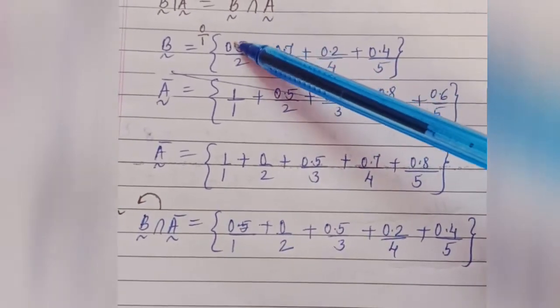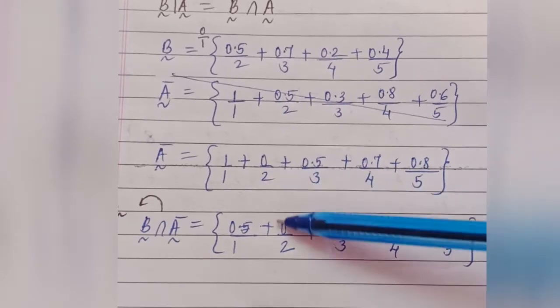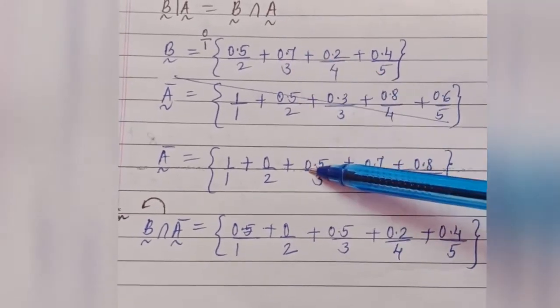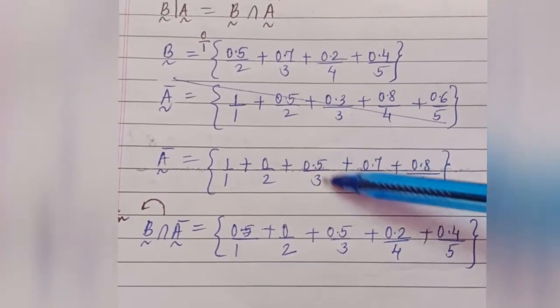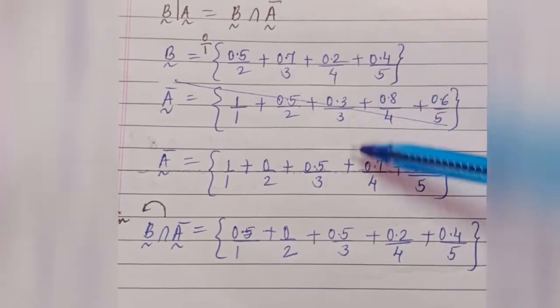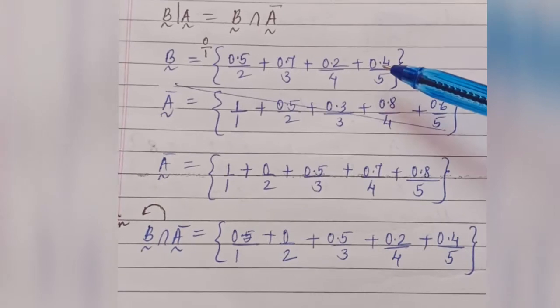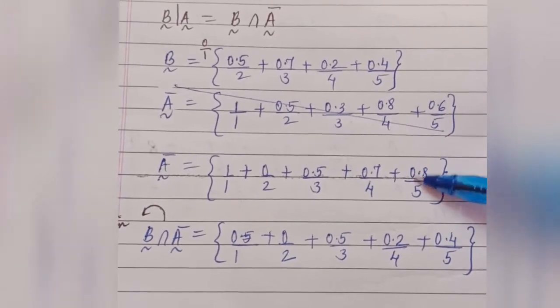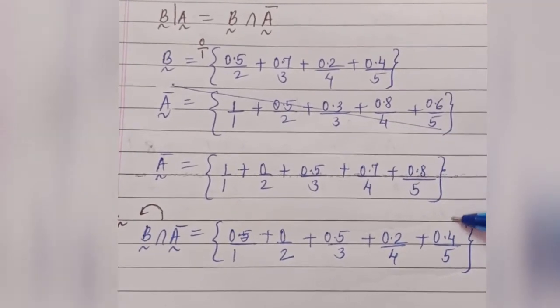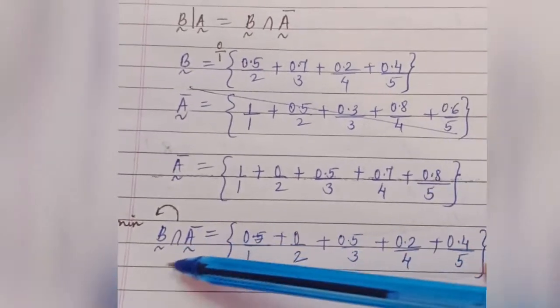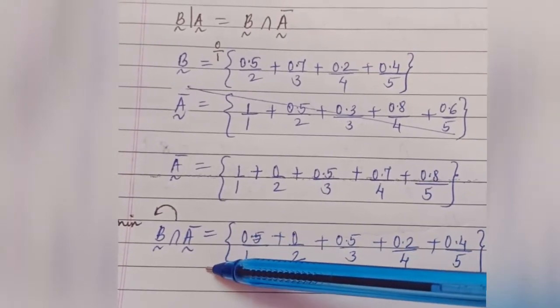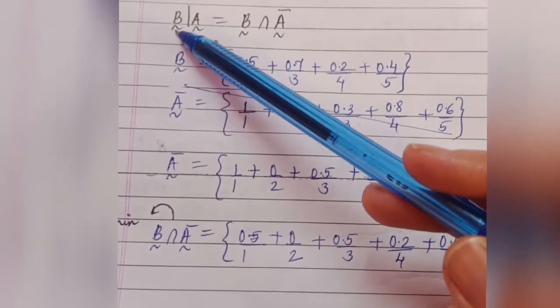Second element 0.5 and 0, select minimum, that is 0. 0.7 and 0.5, select minimum, 0.5. 0.2 and 0.7, select minimum, that is 0.2. 0.4 and 0.8, select minimum, that is 0.4. Write it as 0.4 upon 5. So this is the B intersection A complement set, that is B difference A.